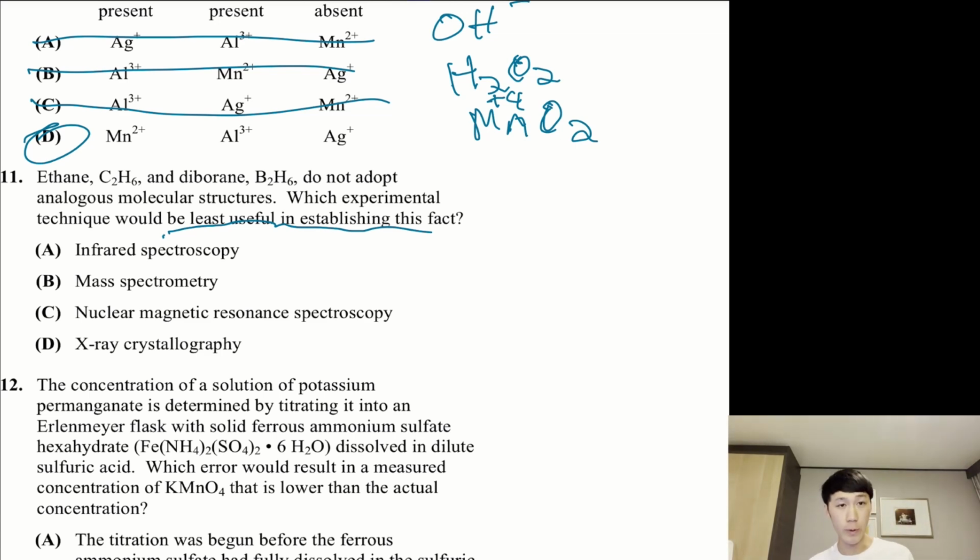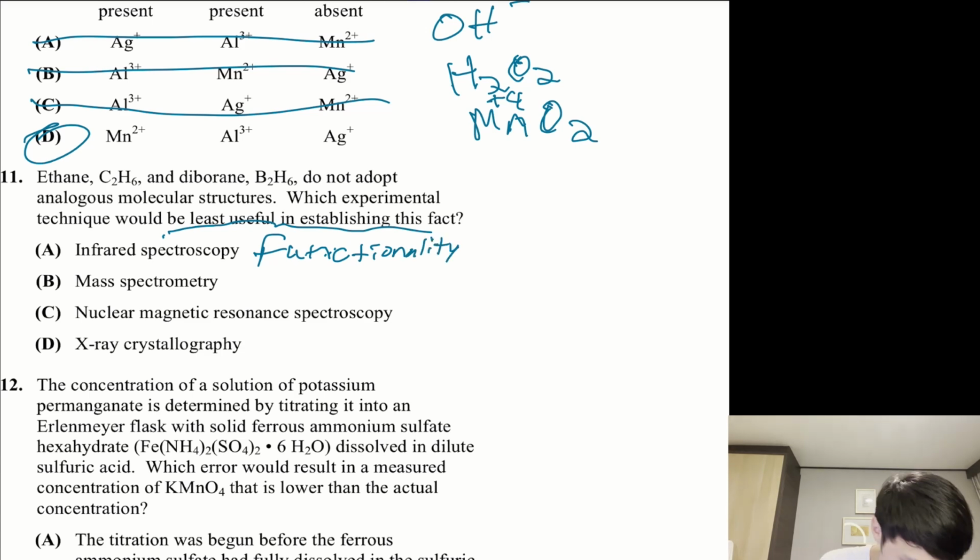So we need to know what each of these methods tells us about a compound. Infrared spectroscopy tells us about the functional groups, the functionality in a compound. Mass spectrometry tells us the mass of each molecule.